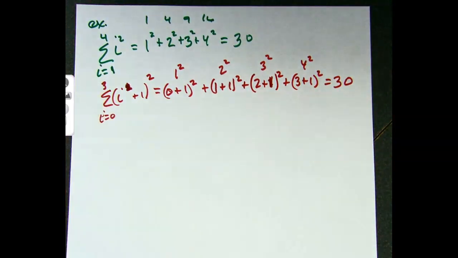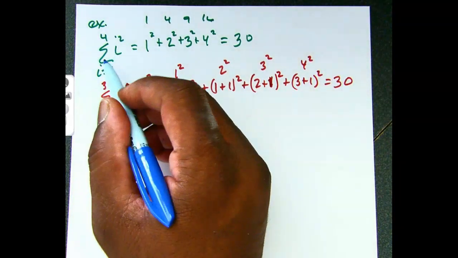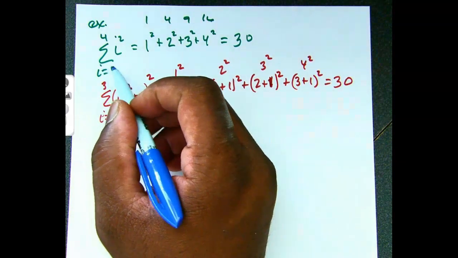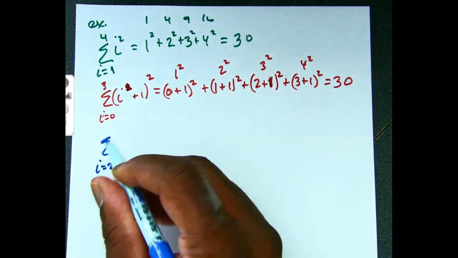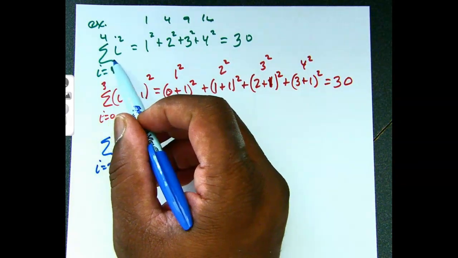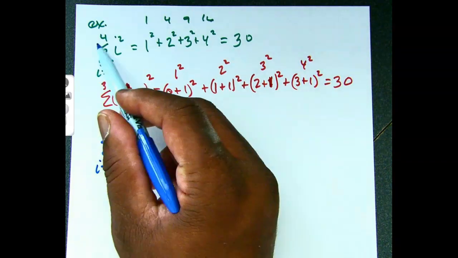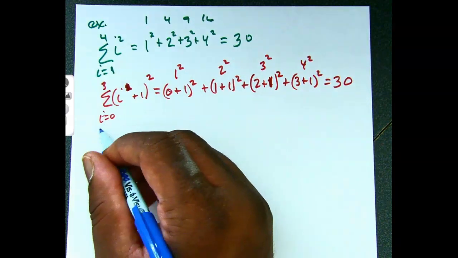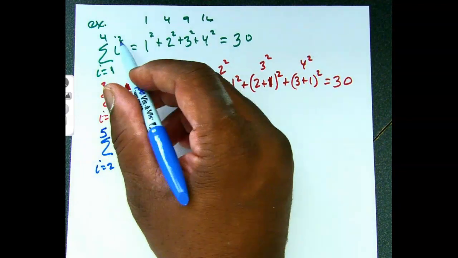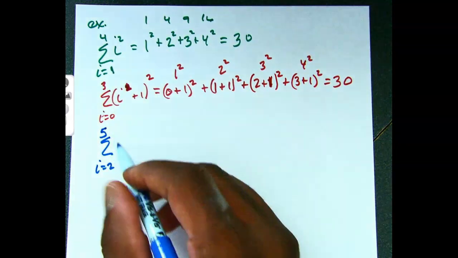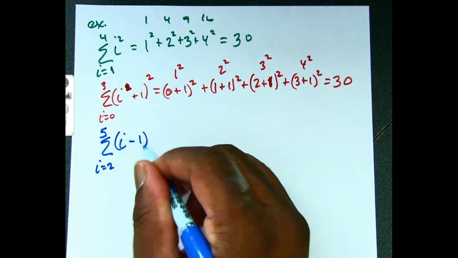Okay, let's try it again. So this time, instead of starting at I equals 1, we start at I equals 2. So what I did here, from our original I equals 1, we added 1 to the lower limit, so we need to add 1 to the upper limit. So then that's going to go from 2 to 5. Here, because we added 1, we're going to need to subtract 1, so I minus 1 squared.